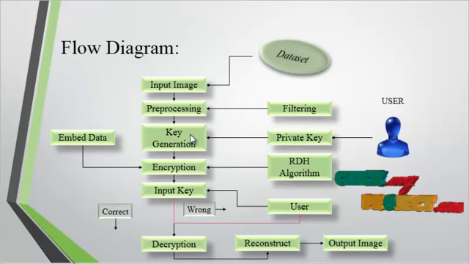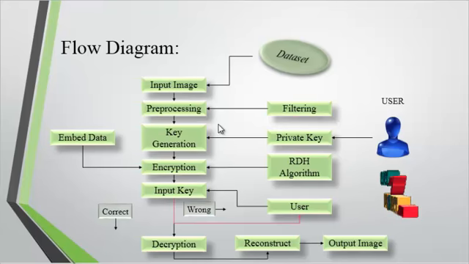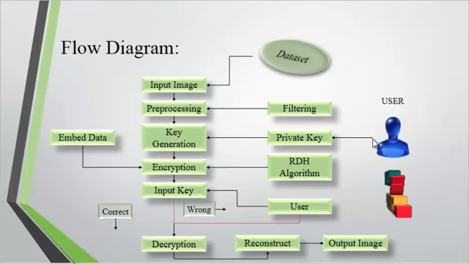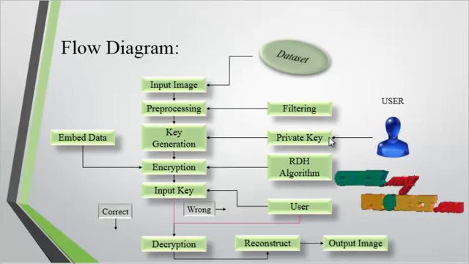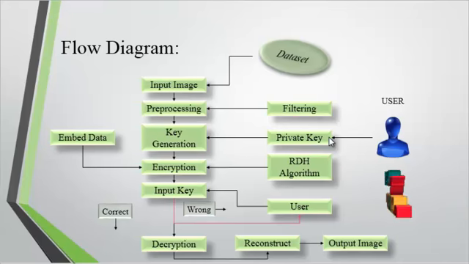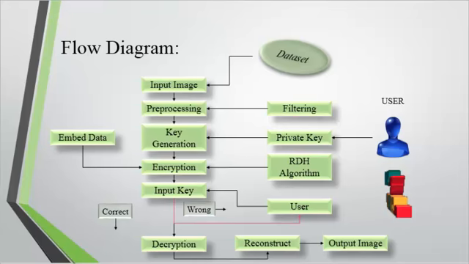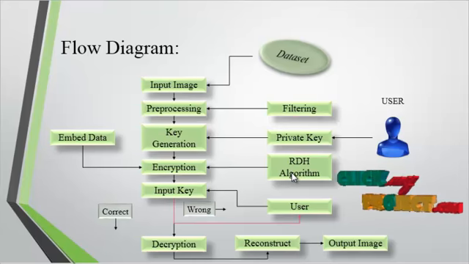Then the key generation is carried out. In the key generation process, we consider two procedures. One is that the user can enter the key. For example, if the user enters the key 123, the key will be automatically generated and located to the corresponding size for any image size.